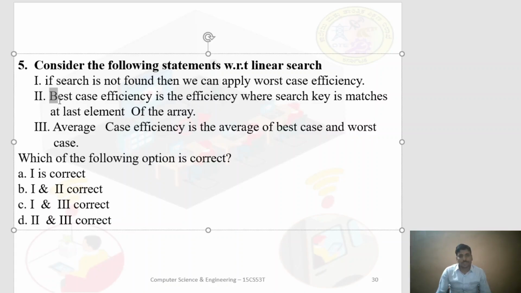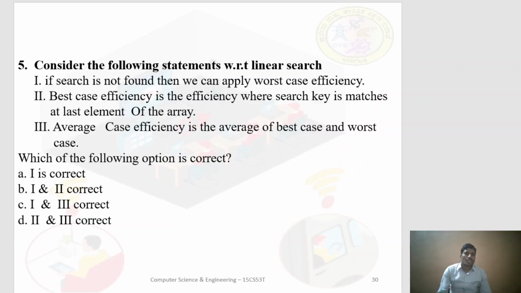What is the second statement? Best case efficiency is the efficiency where the search key matches at the last element of the array. No. The search key matches at the first element of the array. So the second statement is wrong. What about the third one? Average case efficiency is the average of the best and worst case.